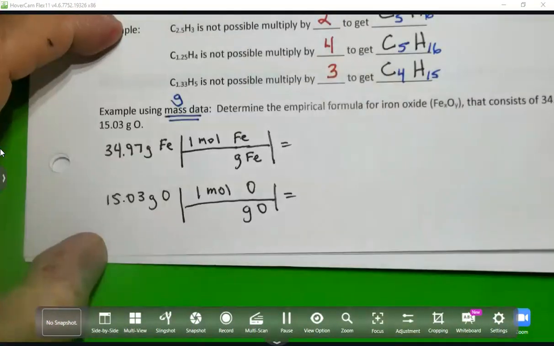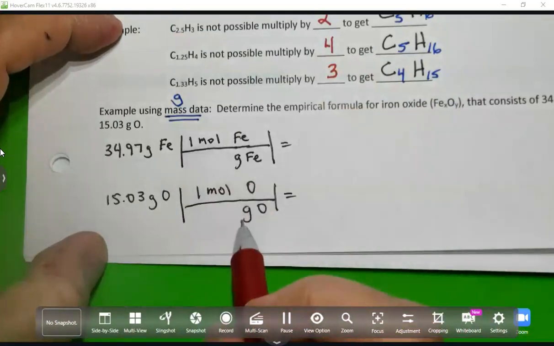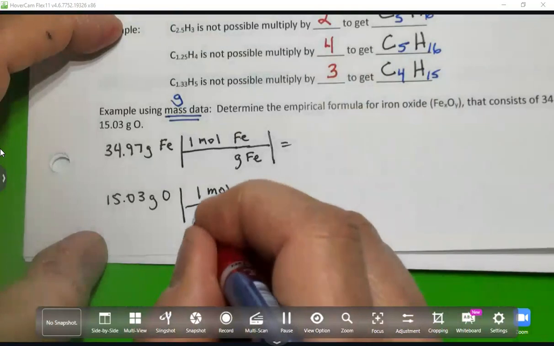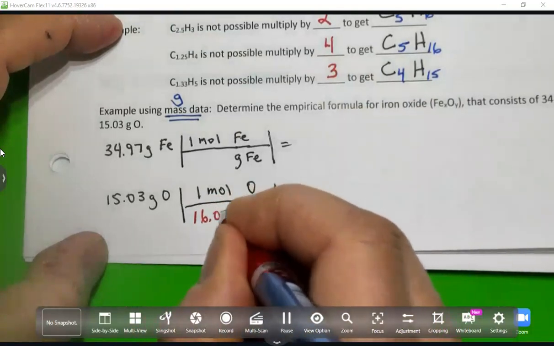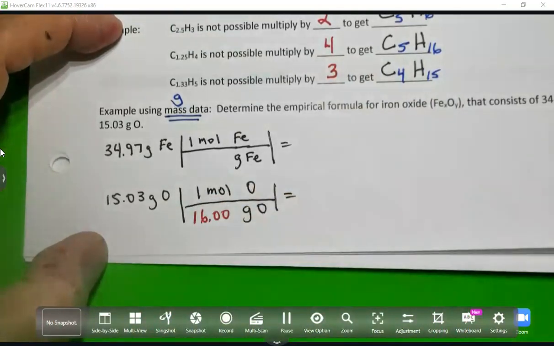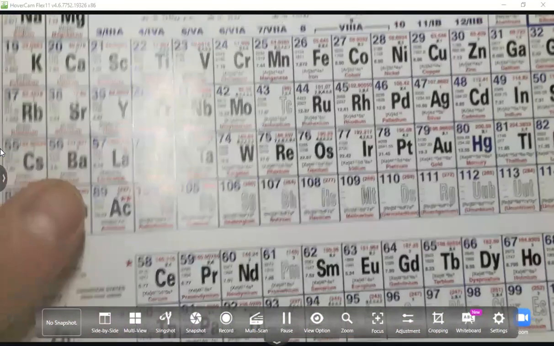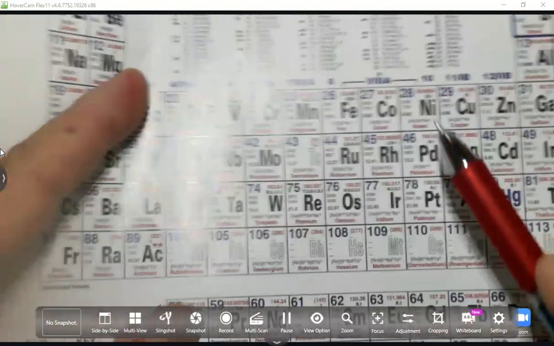And then hopefully this one is memorized. Oxygen is 16.00, right? 16.00. And for iron, look at the periodic table right here for iron.